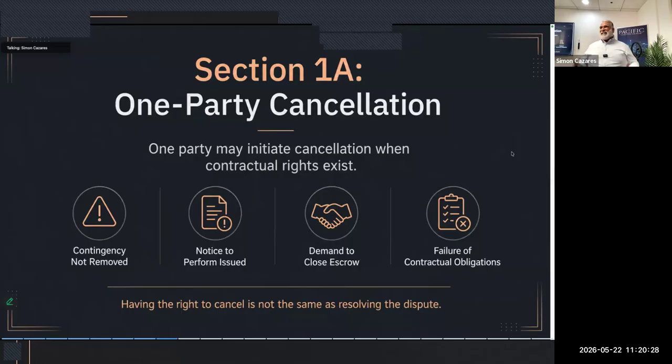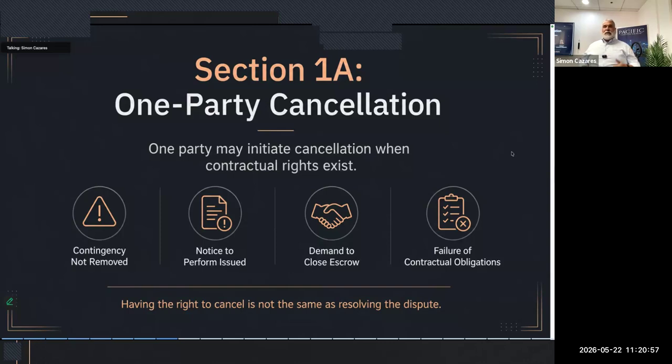If you still have your contingencies in place, if you've held on to them all the way to a demand to close, then you must have done something right as a buyer's agent to hold the contingencies in place. But usually by the time of a demand to close, it's most likely that the buyer has released any and all contingencies, right? And the demand is the actual date that it's scheduled to close escrow and did not close.